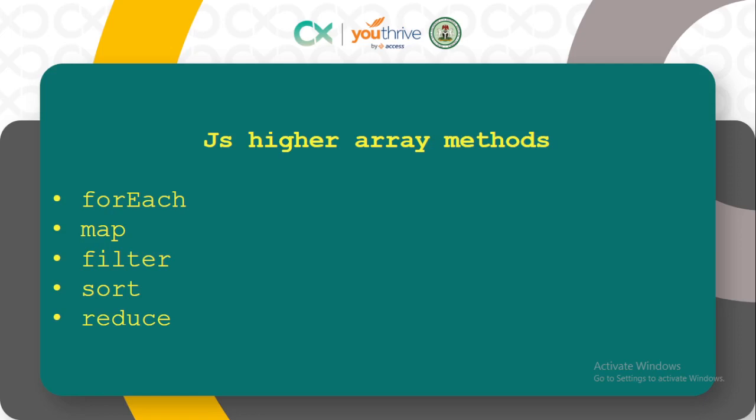It is not like the for in loop that is used for an object. This one is strictly for arrays. If you use this for an object or any other stuff, you will have an error. So it must be an array type for it to work. We are going to learn about forEach, map, filter, sort, and reduce.